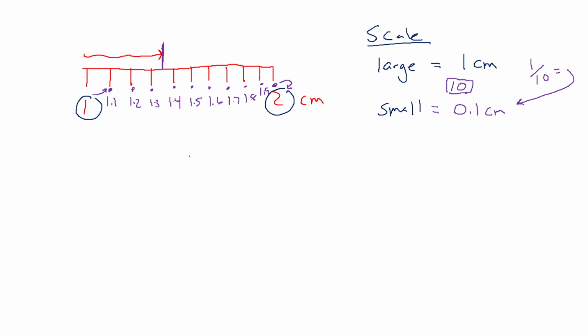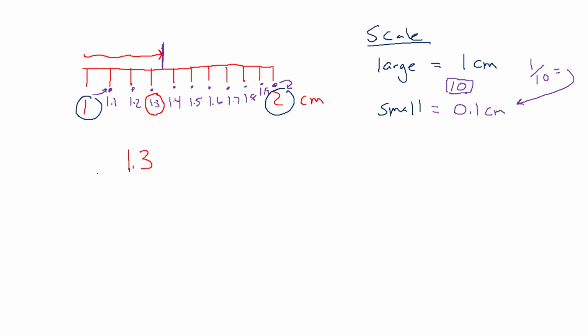Now, when you take a measurement, no matter what piece of equipment you use, there should always be some numbers that everybody should agree upon as being at least that amount. For example, no matter who looks at my ruler here, they're all going to agree that it should be at least 1.3. Those numbers we would record: 1.3.